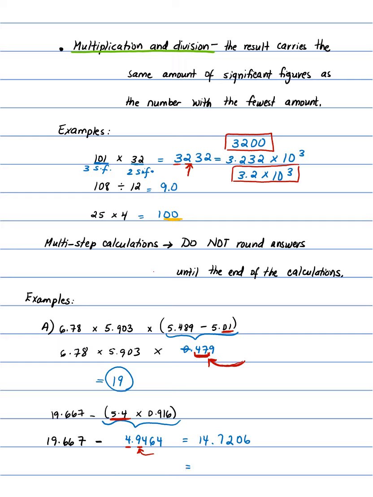The final answer, you need to keep only one decimal place, which means that your final answer has to be 14.7.